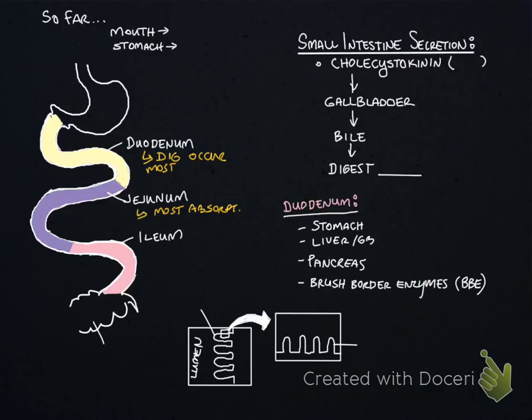In the ileum, we don't have really the most digestion or the most absorption happening here, but we do have some important absorption of vitamins like vitamin D and vitamin K. Okay, and then from the ileum we go into the large intestine or the colon.